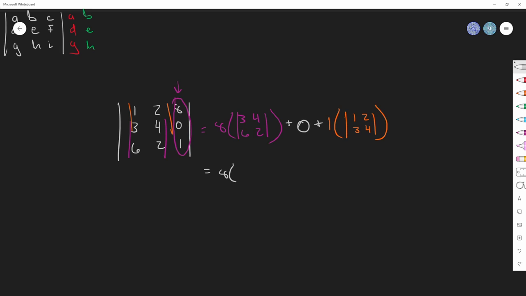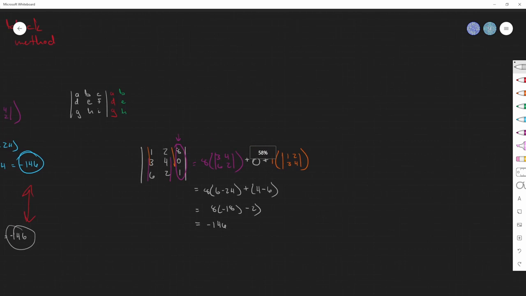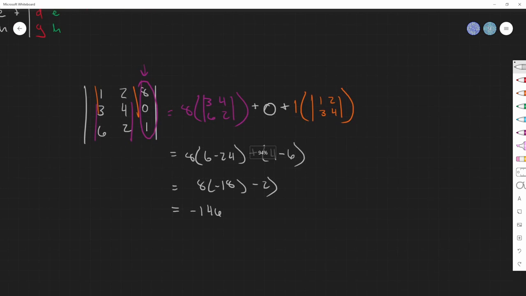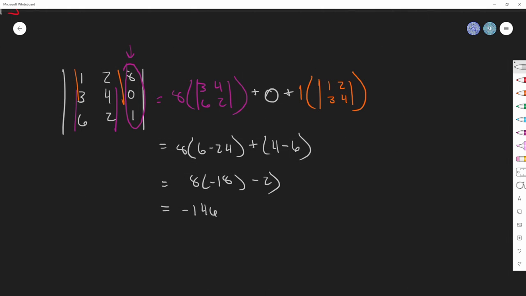So this would be 8 times (6 minus 24) plus 4 times (1 minus 3 times 2, which is 6). That's 8 times negative 18 minus 2, and you should still get negative 146. Double check. Yeah, negative 146, because this would be negative 144, and this would be minus 2.